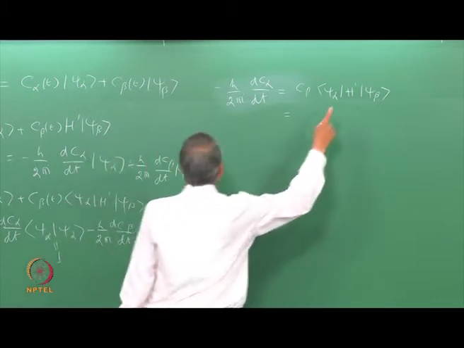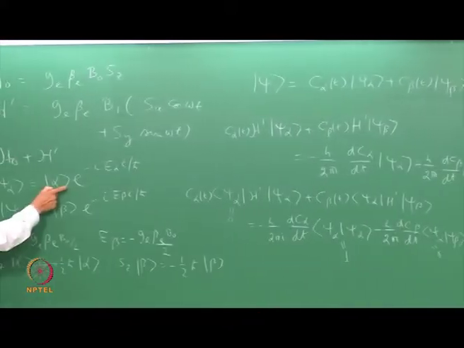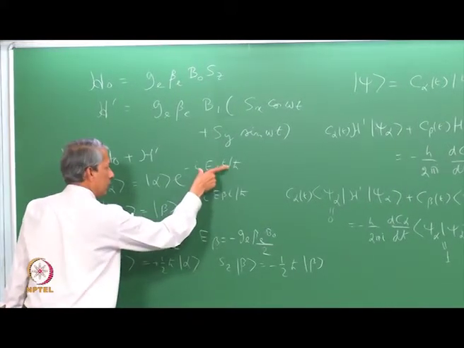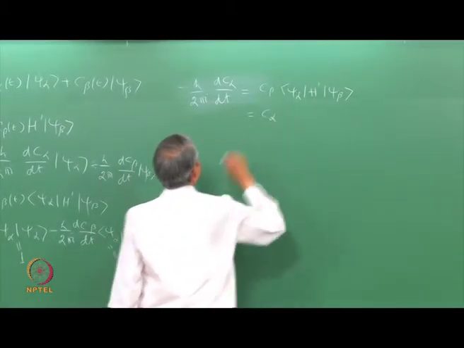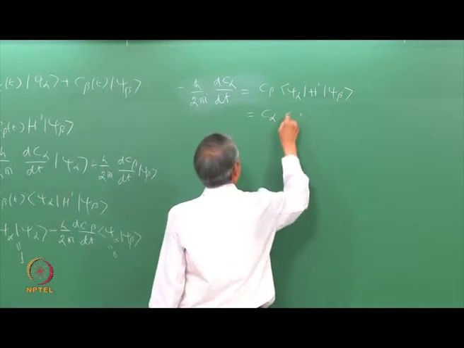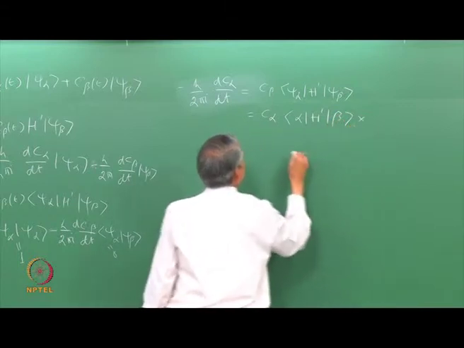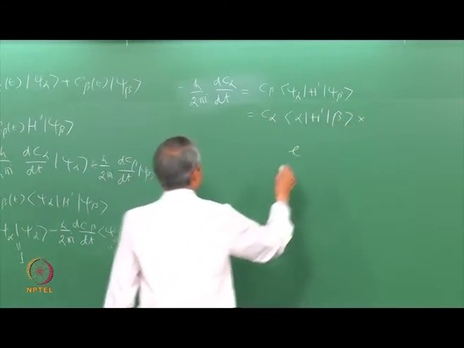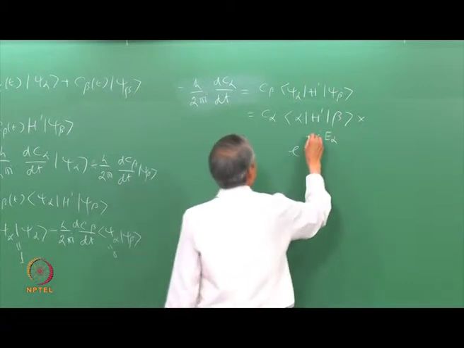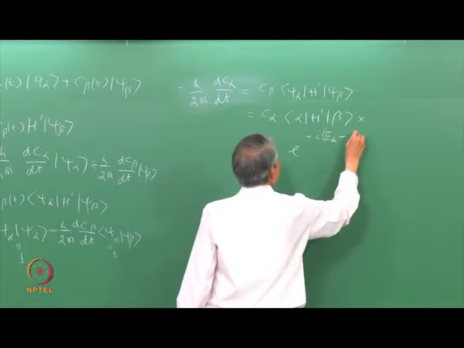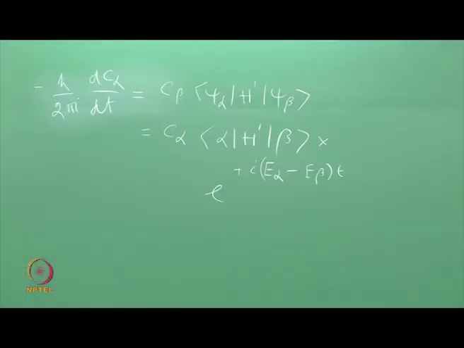Now, keeping in mind that psi alpha and psi beta have this sort of form, where the space part is here and the time part involves the energy, this can be written as e to the power, that is the way it looks.